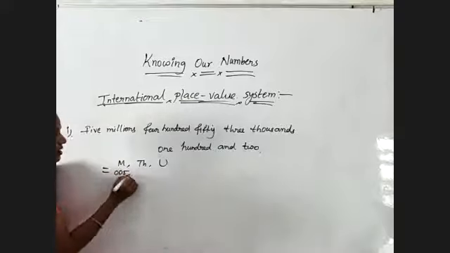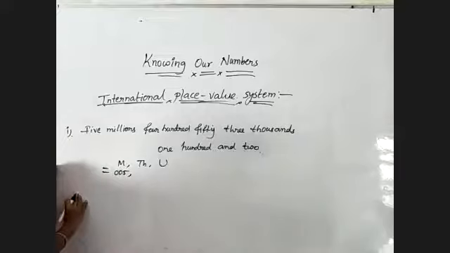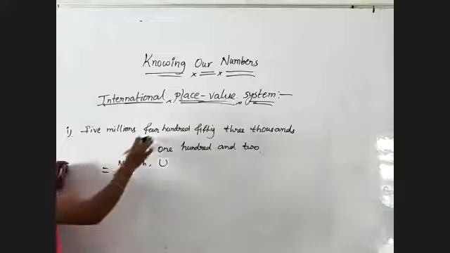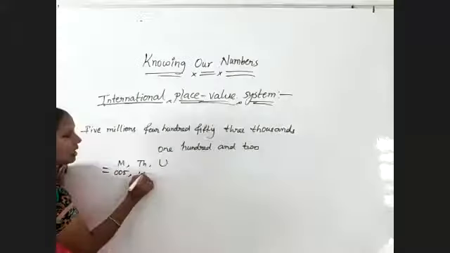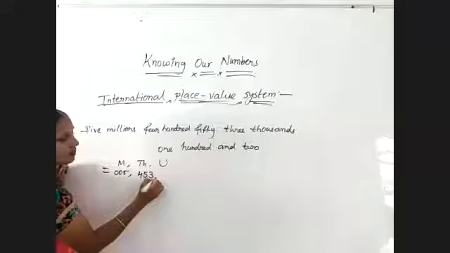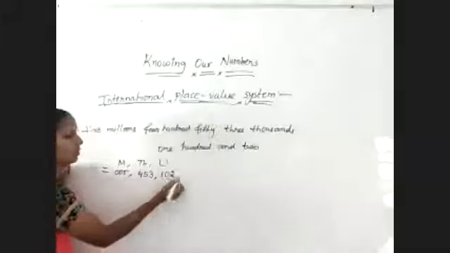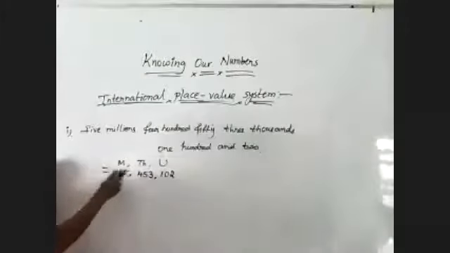Millions place has 3 digits, so 005, otherwise directly writing 5, nothing will happen. Next 453, 453,102. That's all. This is the required number.